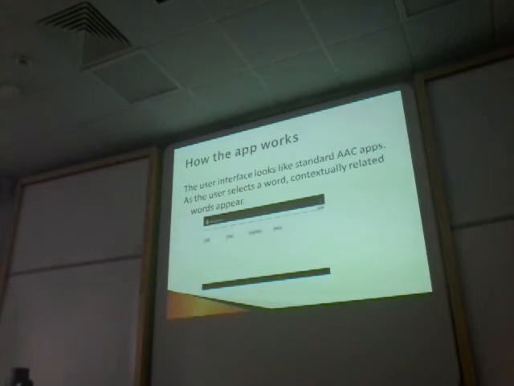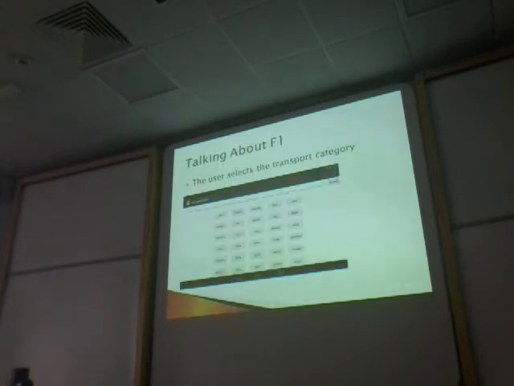So let's say we were using this, and we decide to talk about transport. We're going to talk about F1 race. So we've selected the category transport, and here we have words ranked actually on their frequency within text. So the more frequent a word is, the earlier it would appear in this list.